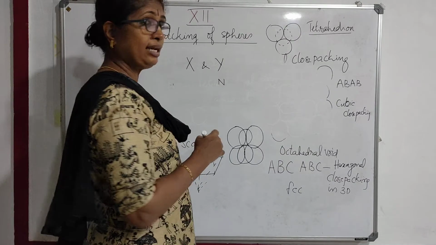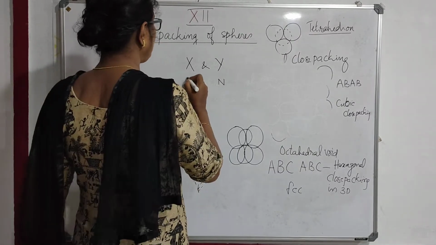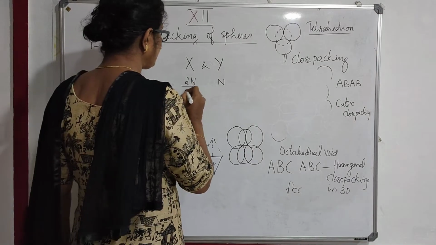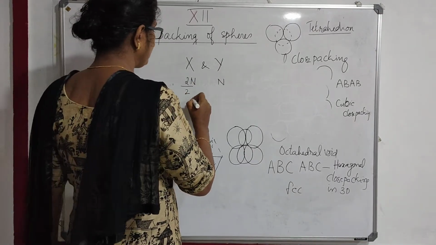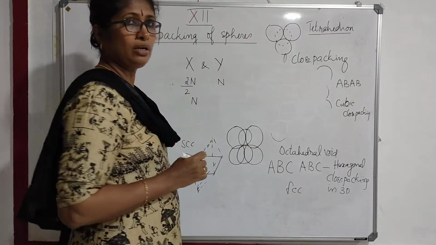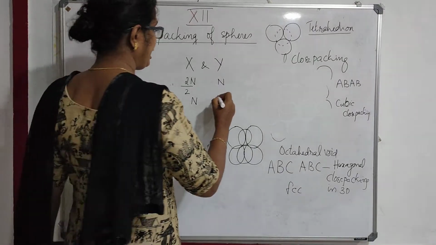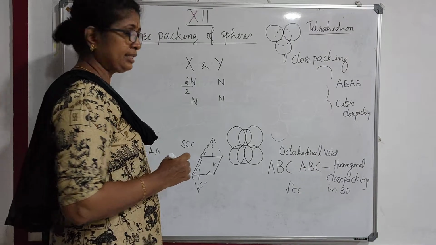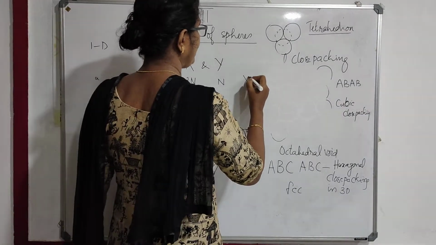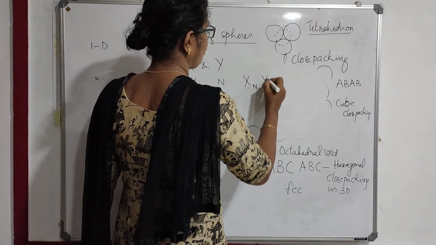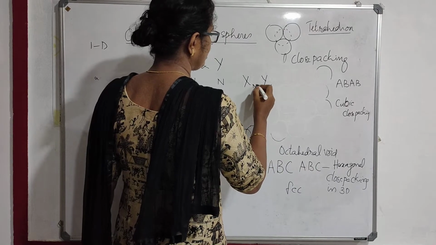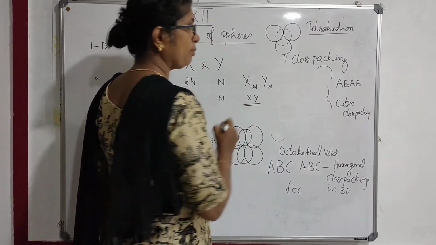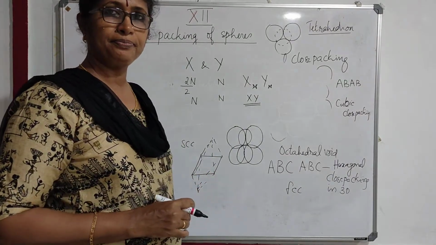Then how many tetrahedral voids will there be? 2n tetrahedral voids. But only half of that is occupied. That means n number of cations and n number of spheres are there. So the formula is XnYn, and since both are the same number, it is XY. The formula of the compound is XY.